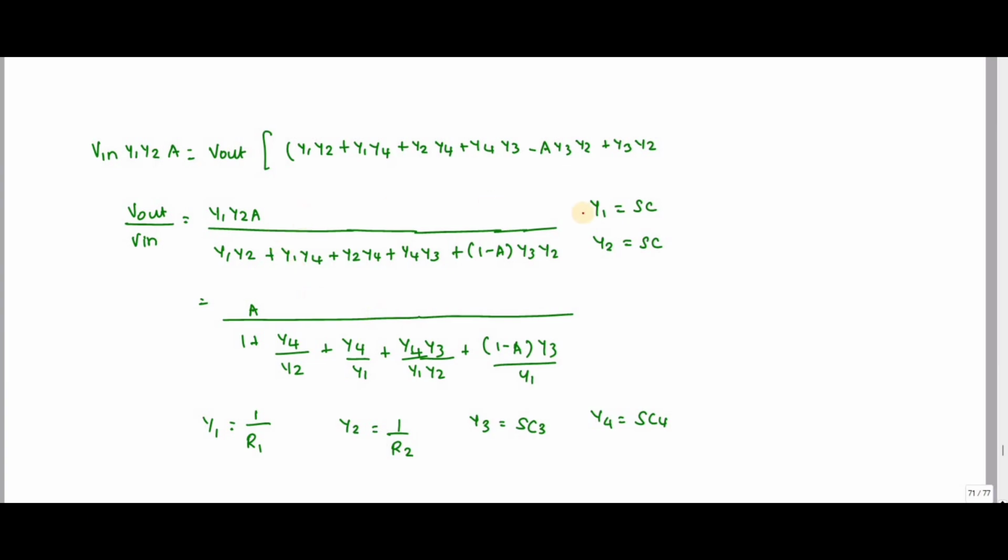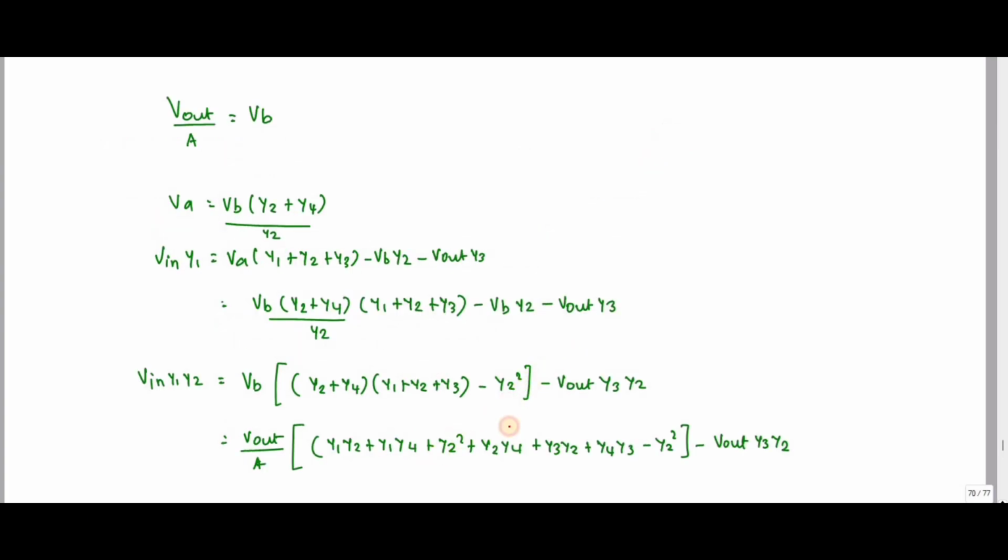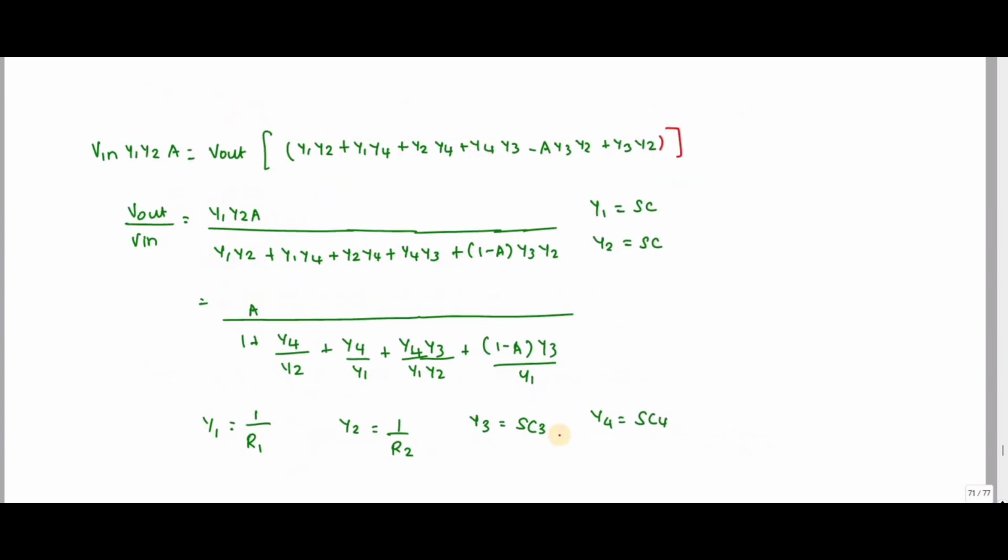Now I'm going to multiply this on both sides, so I'll get like this. Here I can cancel out these two terms, right? And I can also cancel, so I can write like this.